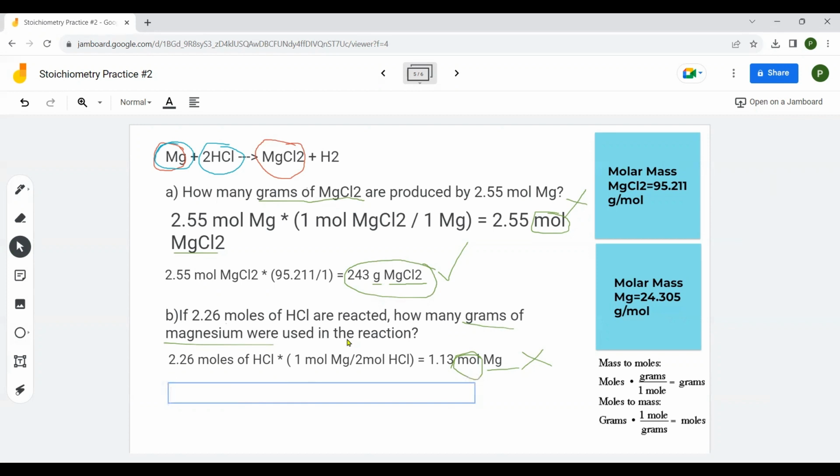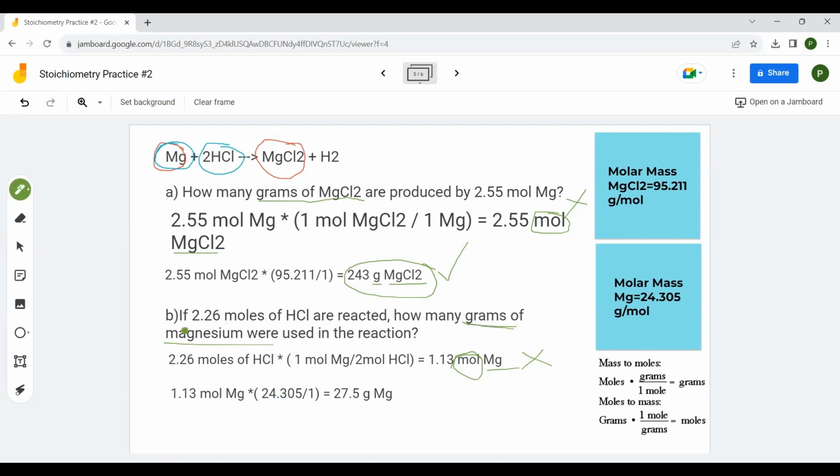So using my 1.13 mole of magnesium, I'm going to multiply that by our molar mass that we already solved for, which is 24.305 over here on my blue sticky note, over 1. And that is going to give us about 27.5 grams of magnesium. So I'm going to grab my green pen. I'm going to look at my question, grams of magnesium. I have grams of magnesium here, so I'm done, and this is my answer for part B.